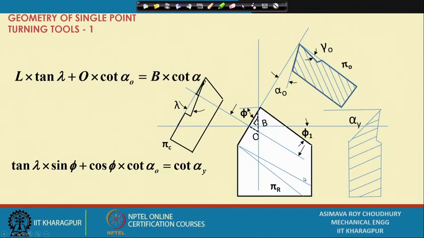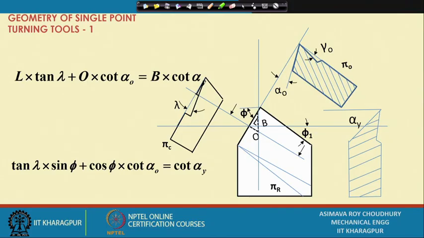Now, as discussed, we are going to have a relationship between the clearance angle in the orthogonal system and the clearance angle in the back rake system, the back clearance.